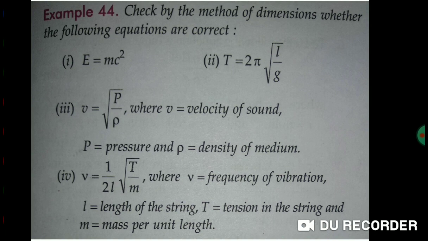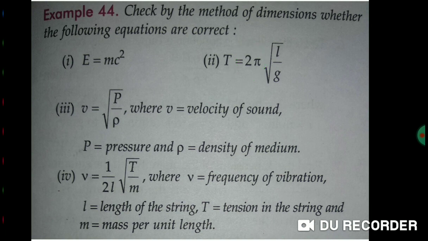Second, T equals 2 pi square root of L by g, where T is time, L is length and g is acceleration due to gravity. And 2 pi is what? A dimensionless quantity.